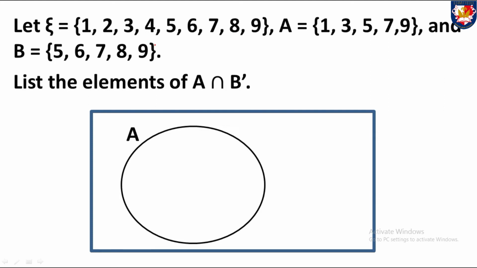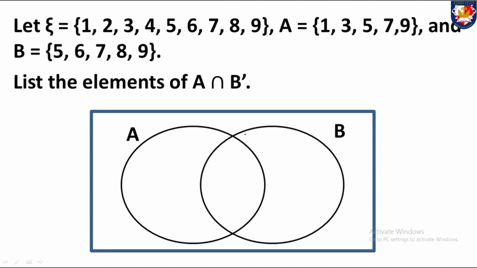Since there are common elements between A and B, you draw the region for set B so that part of it crosses the region of set A. In this crossing region you put the common elements, which are 5, 7, and 9. Next, what numbers belong in this region?